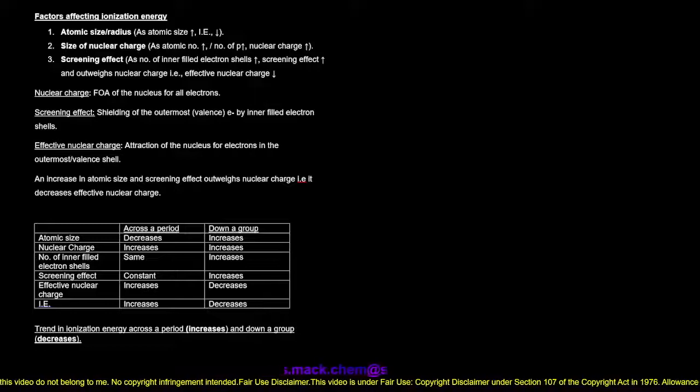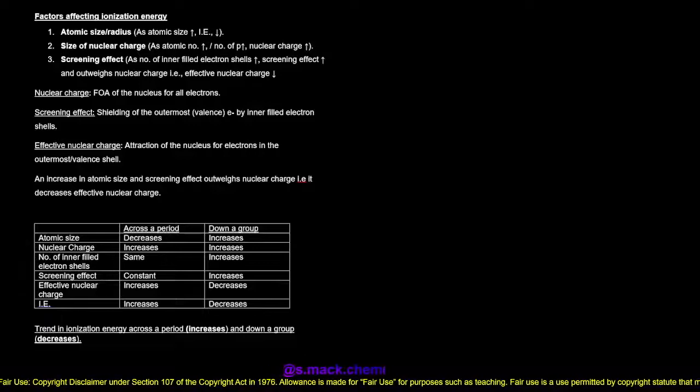You are to use your knowledge of how the number of inner filled electron shells changes to explain what happens to screening effect. Understanding how screening effect outweighs nuclear charge will help you to remember how first ionization energy changes either across a period or down a group.